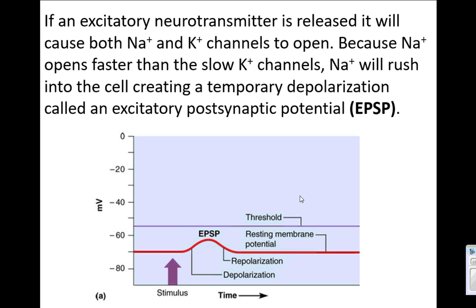Excite means that it might have an action potential. Okay. Excitatory neurotransmitters that are released cause both sodium and potassium channels to open. Sodium rushes in faster than potassium out, so we become slightly less negative. If enough sodium would come in, guess what? We hit threshold. Boom, action potential in our new neuron. Okay. We call this the EPSP, excitatory postsynaptic potential.